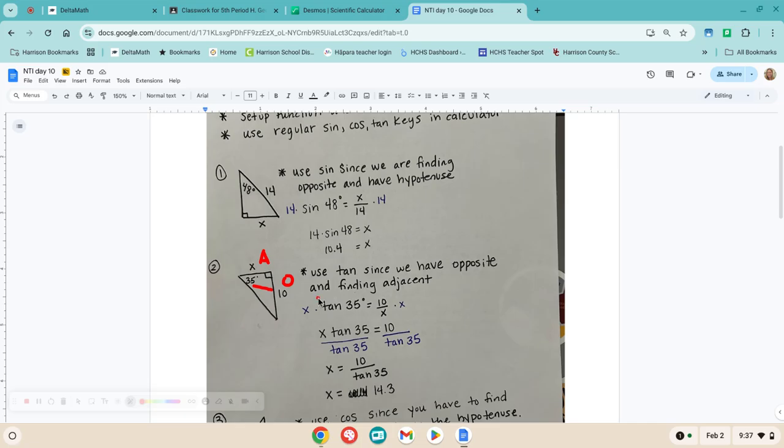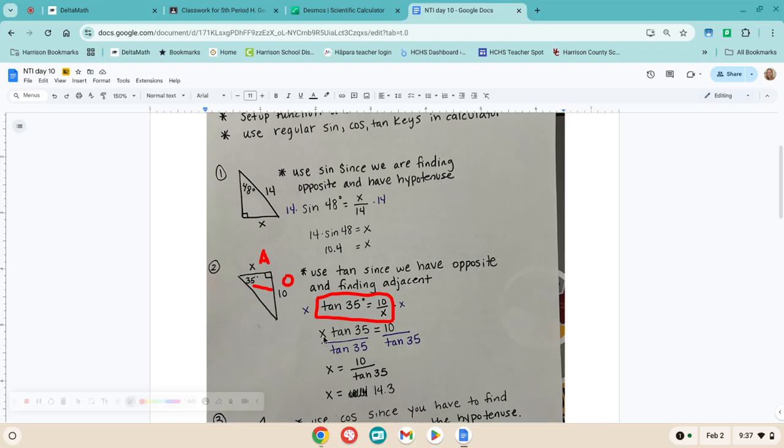So you can see tan of 35 equals 10 over x is how we set up our equation. This time x is in the denominator, so our solving is going to look a little bit different. We're going to multiply by x first because you have to get rid of division first. So we're going to multiply by x on both sides.